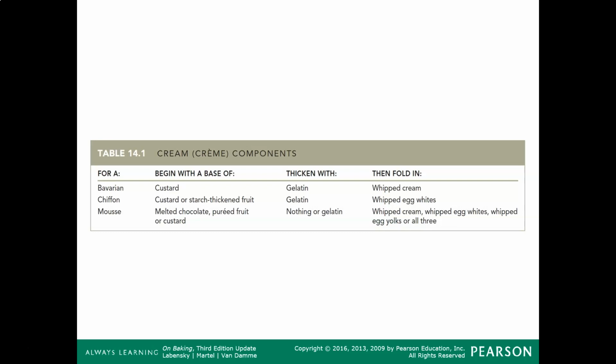A mousse is melted chocolate and or pureed fruit or custard. Nothing is thickening, or you can use some gelatin. Some recipes will call for gelatin in their mousses, but for the most part, nothing. What gives your mousse its texture is your whipped cream, whipped egg whites, whipped egg yolk, or a combination of all three.